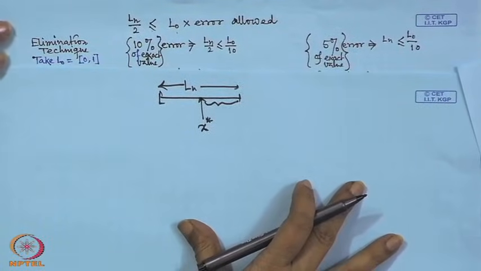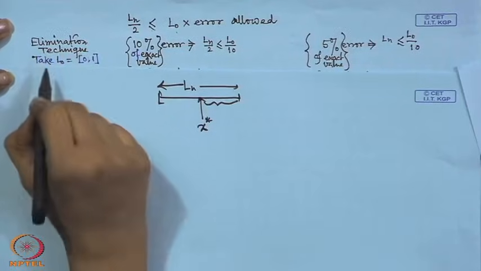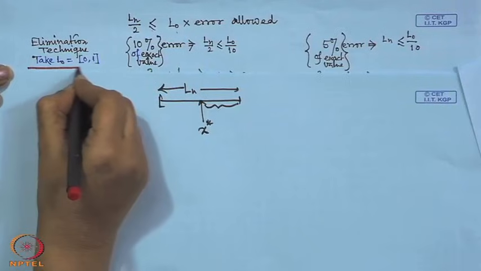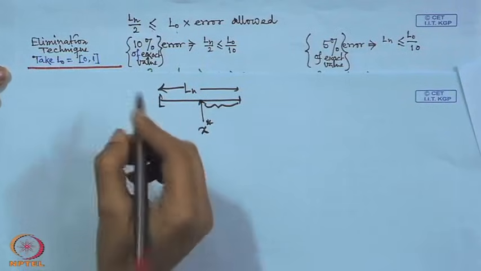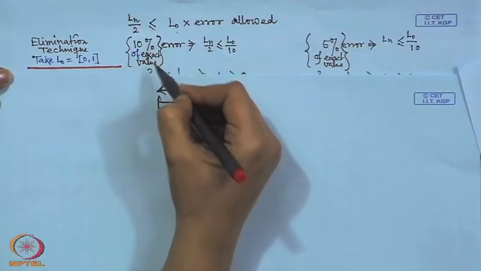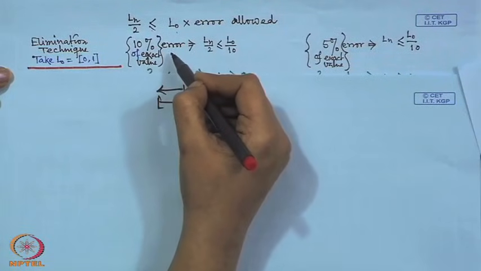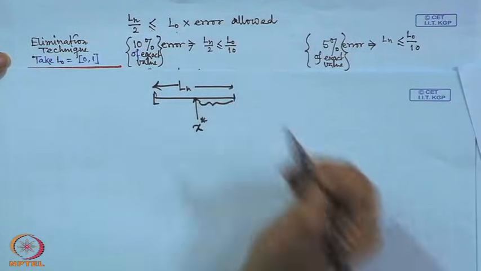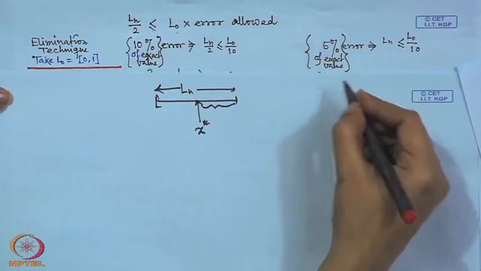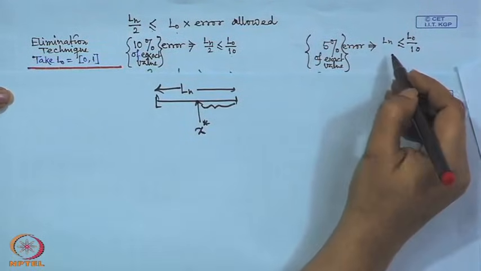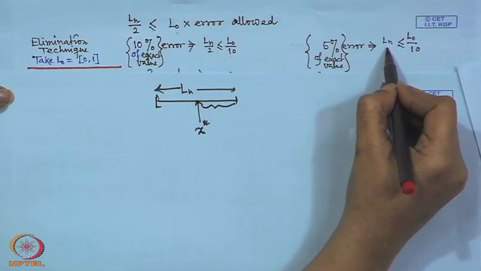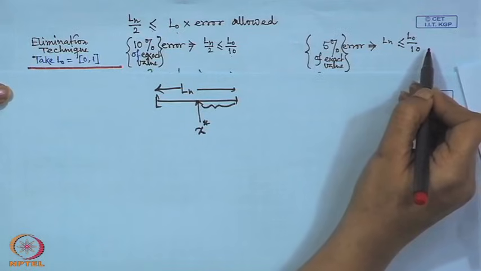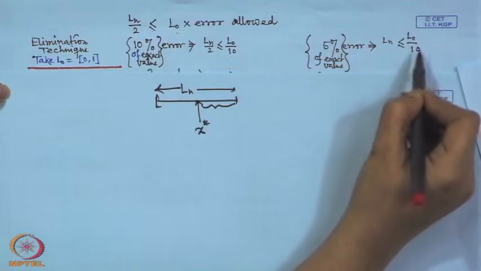We are considering all the techniques one by one, the elimination techniques, by considering L naught equal to 0 to 1 for specific values, and 10% of the exact value as the error. That is why Ln by 2 must be less than or equal to L naught by 10. And if we consider 5% of the exact value as the error limit, then Ln by 2 must be less than or equal to L naught into 5 by 100. That is why we are getting Ln less than or equal to L naught by 10.